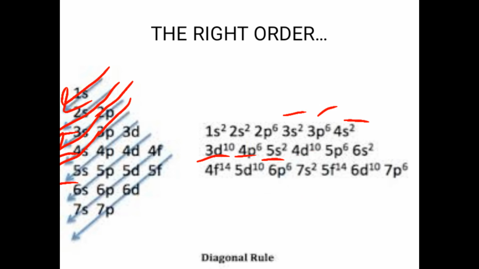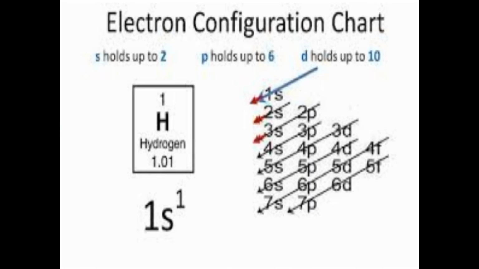The next thing is, you have to remember all the time that the S subshell can have only 2 electrons, the capacity of the P subshell is 6 electrons, the D subshell has place for only 10 electrons, and for F it is 14. So the maximum number of electrons that can be filled in S, P, D, F is 2, 6, 10 and 14 respectively. Now it's time to apply them.